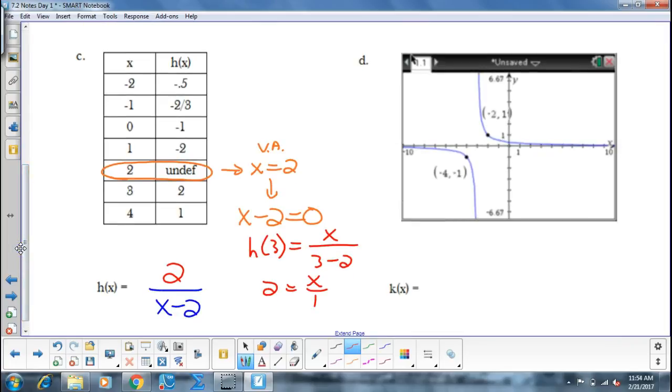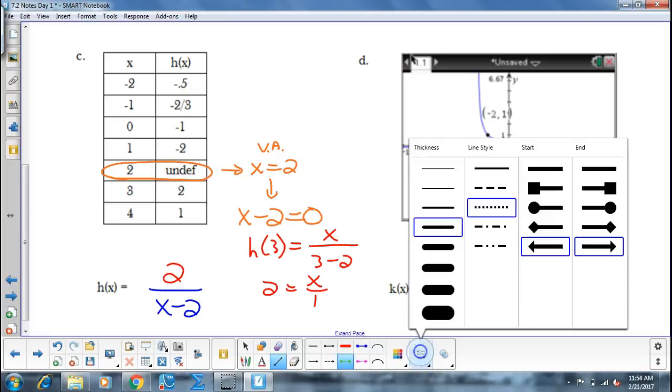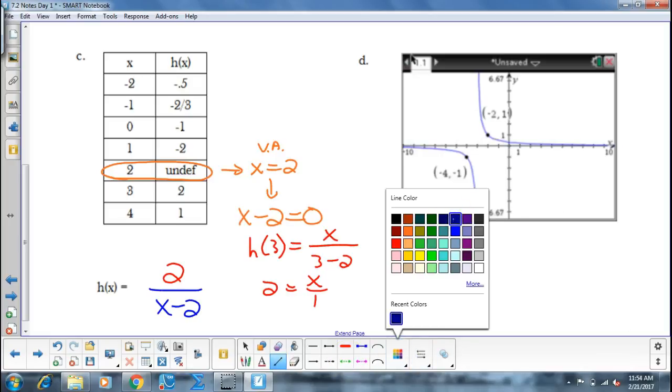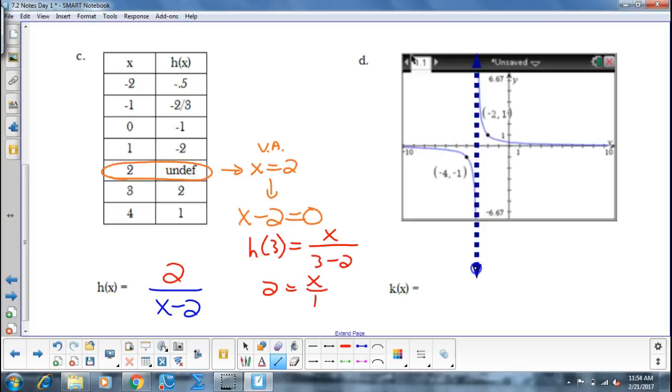So over here, it appears that we have a vertical asymptote right there at x equals -3. Agree? So that means that my function is going to be over x plus 3, correct?